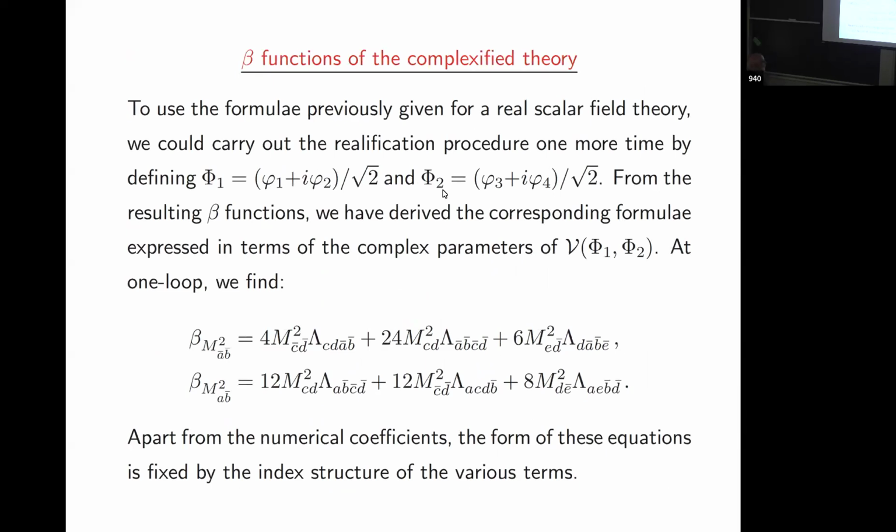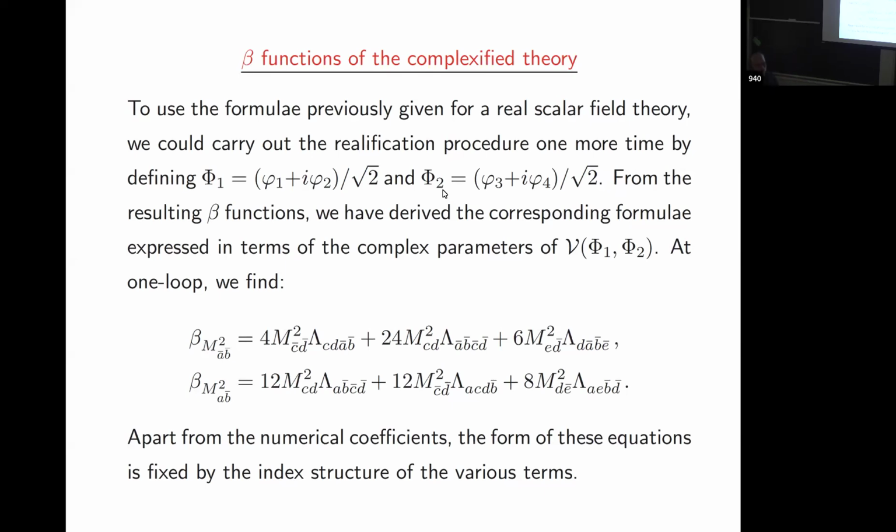The 2 loop versions of this written in terms of the parameters of the complexified theory have lots of terms. But the point is that if you look at this structure, now I can use covariance, and I can tell you what types of terms could appear on the right-hand side. That's the beauty of this barred, unbarred notation. It basically leads you to the structure on the right-hand side.